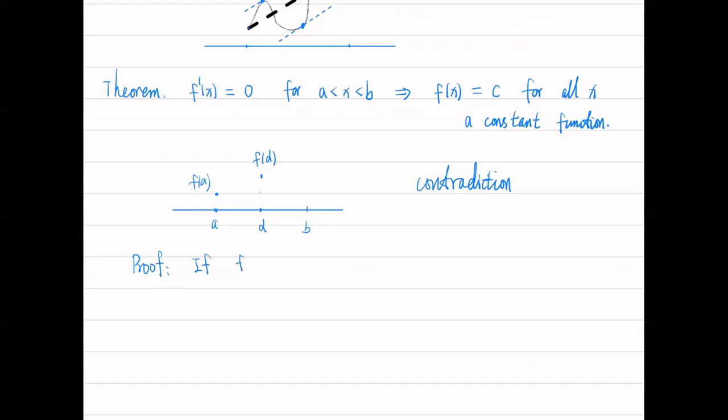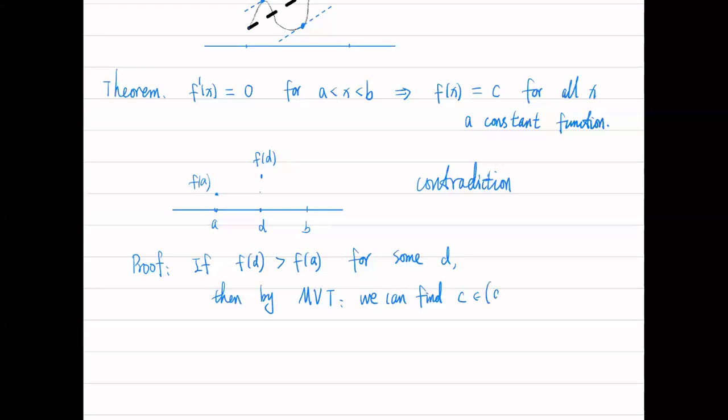If at some point f is bigger than the starting value, by the mean value theorem, we can find c in the interval with derivative equal to the mean slope, f(d) minus f(a) over d minus a.